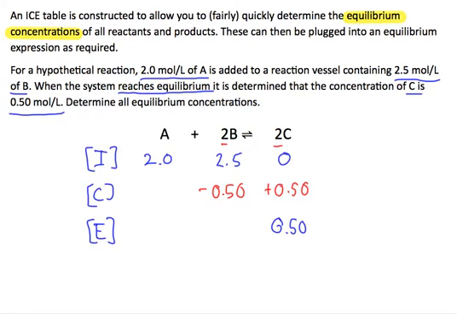Now we can look at stoichiometry between C and A, or you can look at it between B and A. It doesn't really matter which one you look at. And again, for every 2 moles of C that was produced, 1 mole of A reacted. So what's the relationship there?